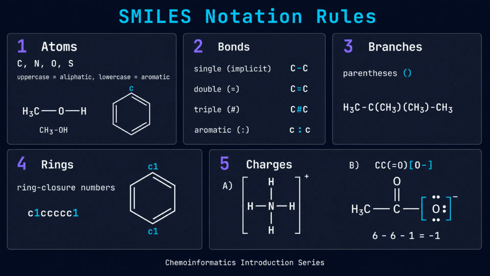Branches are shown with parentheses, like CC(C)C for isobutane. Ring closures use numbers. C1CCCCC1 means carbon 1 connects back to close the ring. Charges go in brackets. Ammonium ion is NH4+ in brackets. These rules might seem complex at first, but they become intuitive with practice.